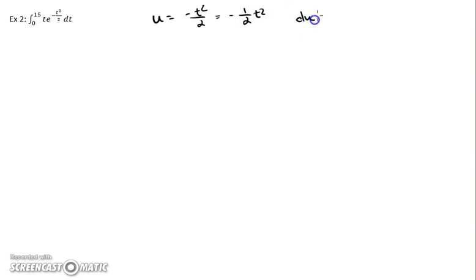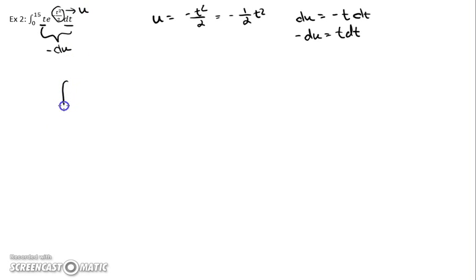So du, take its derivative, we have negative t dt. Well, I don't have a negative t dt, so let's divide by negative 1 and make our u substitution. So we have t dt is going to be equal to negative du, and this piece here is going to be equal to u.